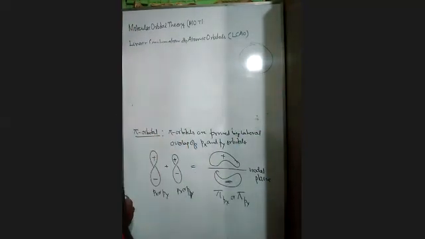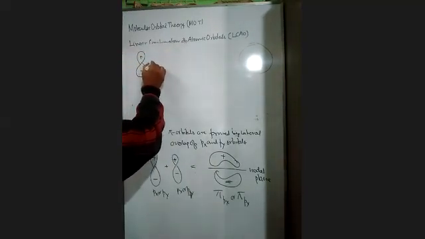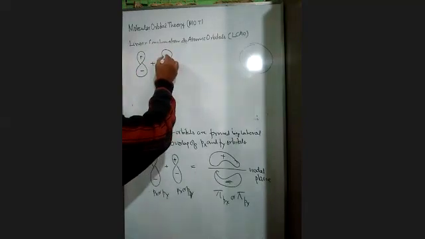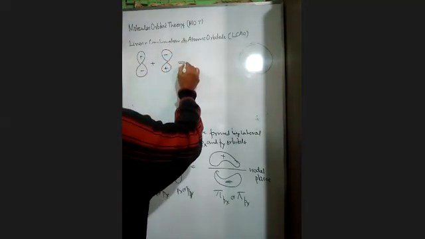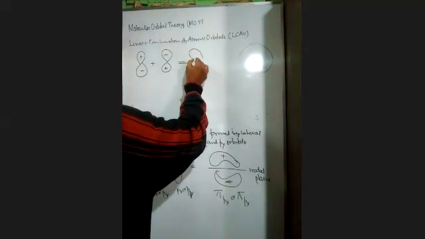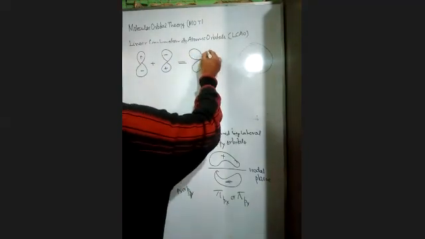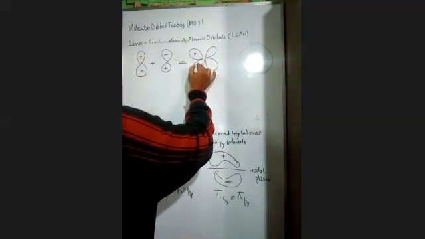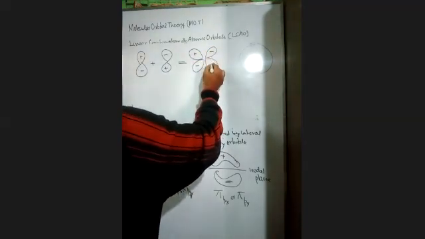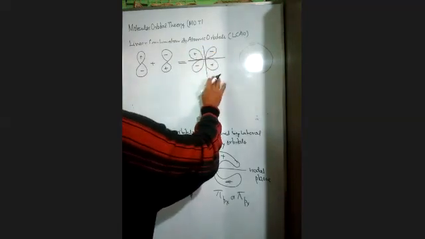Now I'll go for pi anti-bonding. See here, plus, minus. Symmetry is not maintained, so they are not going to form a bond. Repulsion is there, so the electron cloud is moved away from the nucleus. This is plus, minus, minus, plus. It has two nodal planes.